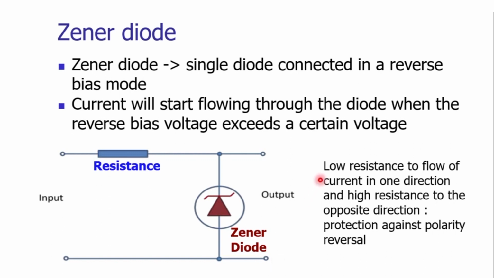The peculiarity of the Zener diode, that is the low resistance to the flow of current in one direction and the high resistance in the opposite direction, is useful for protection against polarity reversal as well. So when the current is being applied in one direction, if its direction is changed due to reversal in the polarity, the Zener diode will protect for such application.